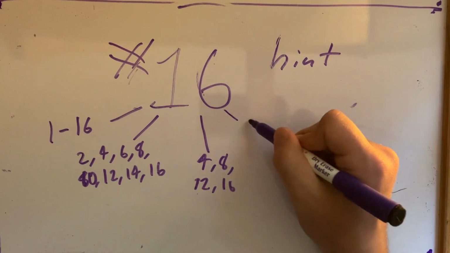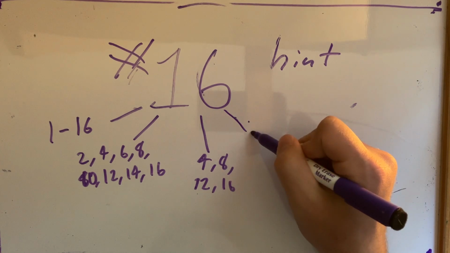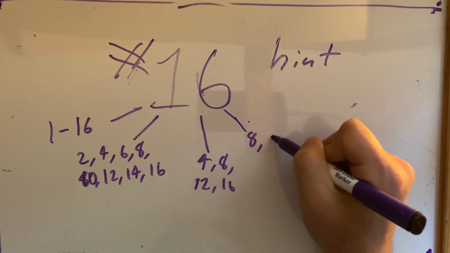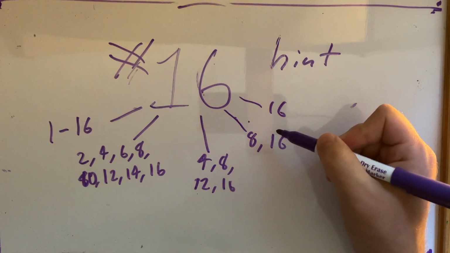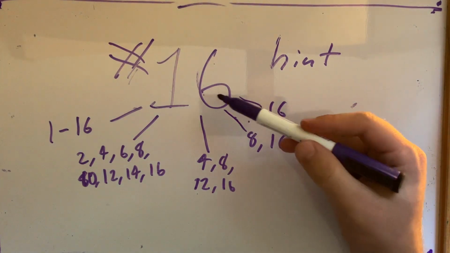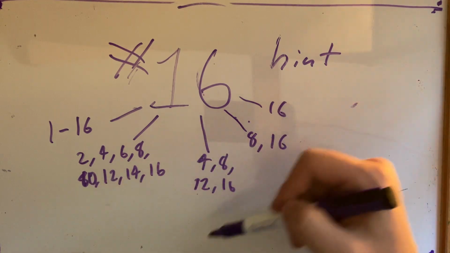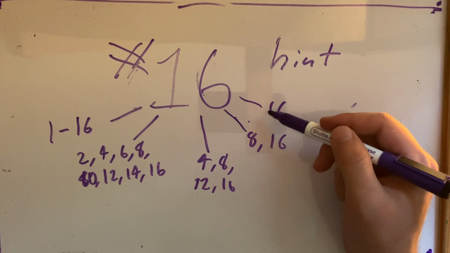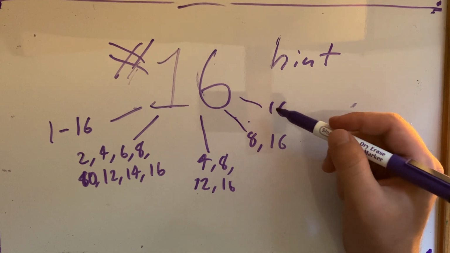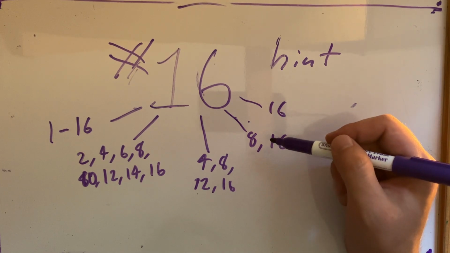And then we get halves, 8 and 16. And then we get a whole, 16. So right off the bat, you'll notice 10 only had 4 even breakdowns, but 16 has 5. You can break down 16 evenly 5 ways, whereas 10 it was only 4.